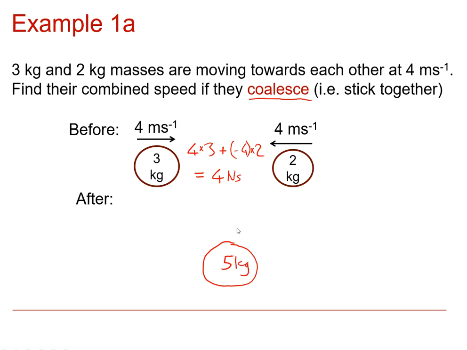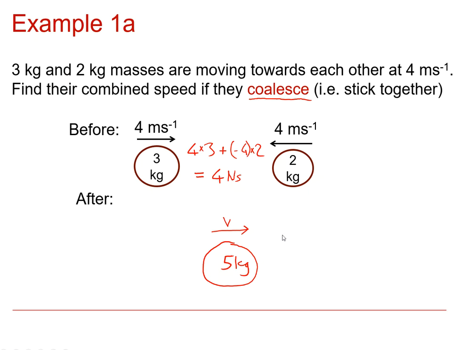Now, because this is the larger one, we know actually that this is going to end up with a velocity directed to the right. But even if we didn't know that, we could define that being to the right, and then a negative value we could interpret as travelling to the left. And that's a velocity of v.